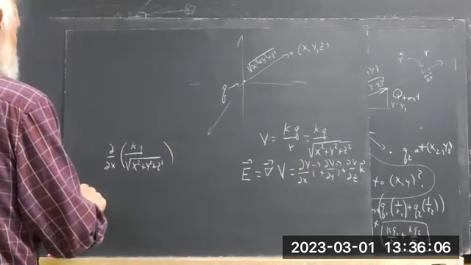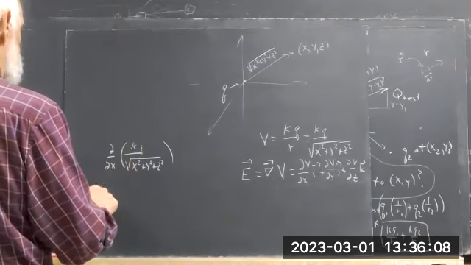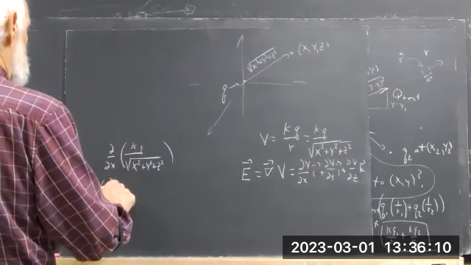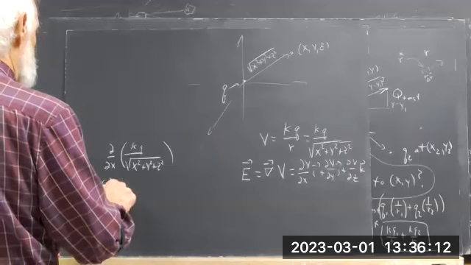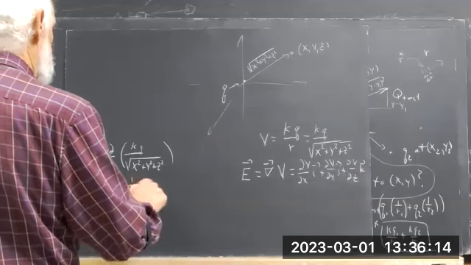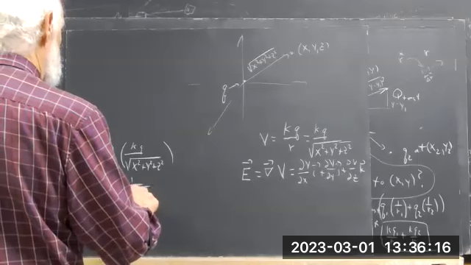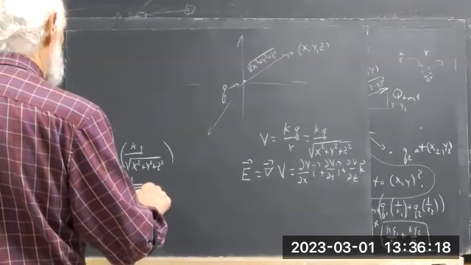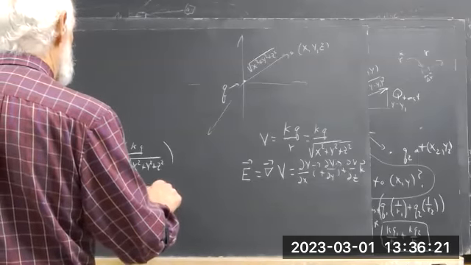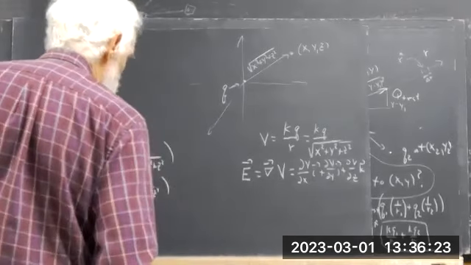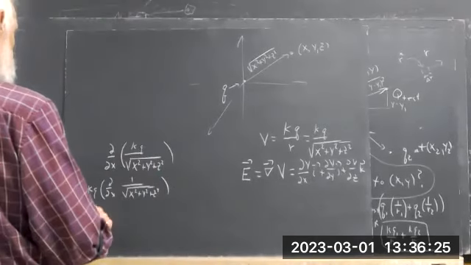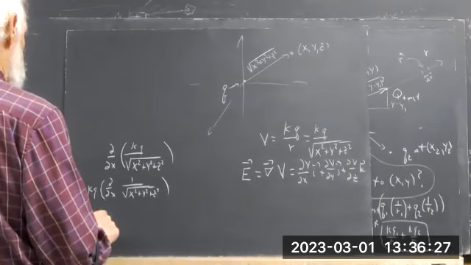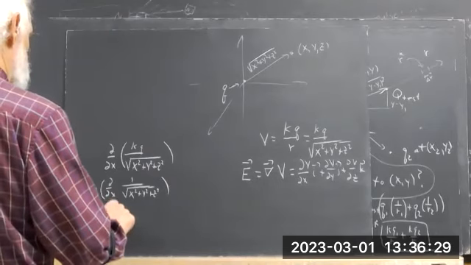First of all, kQ's constant, so it's kQ times partial with respect to X. This, and there are several ways you could annotate this. I'm going to put it in this form.